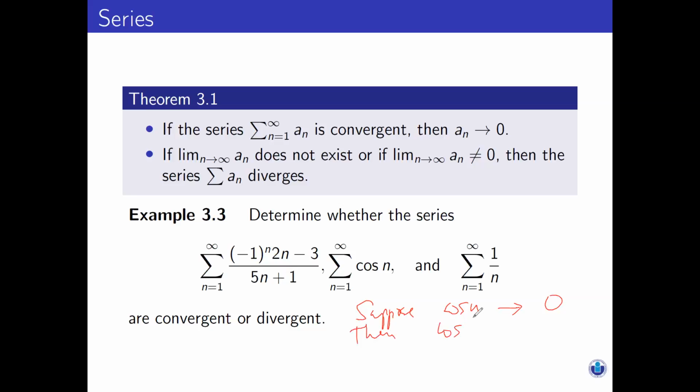Then cosine of 2n, which is the same sequence but we only take out the even terms, must go to 0 as well. But this one is 2 cosine squared minus 1. And if you have this, then this goes to minus 1. So this is a contradiction.